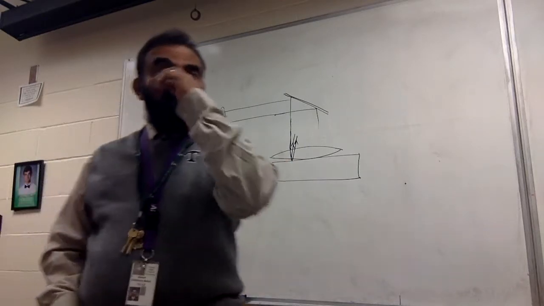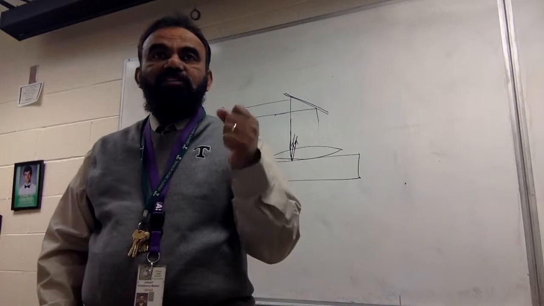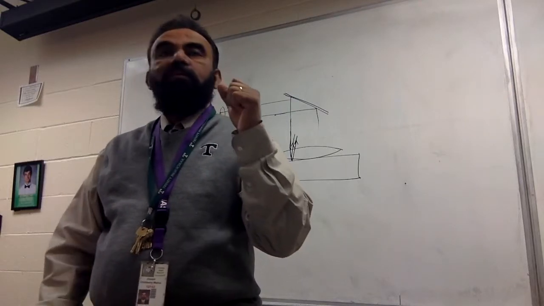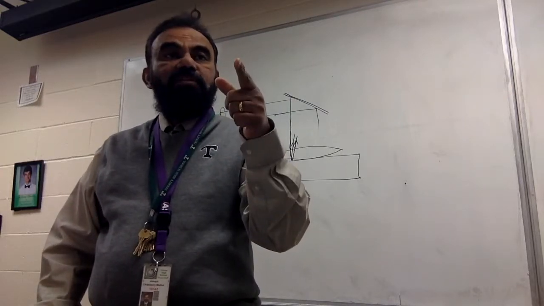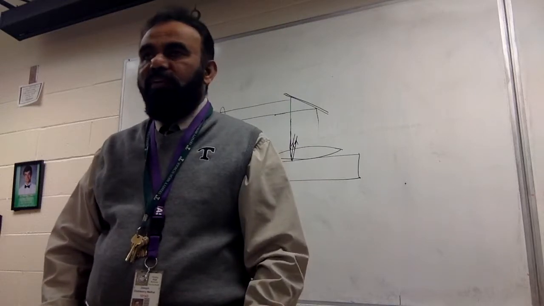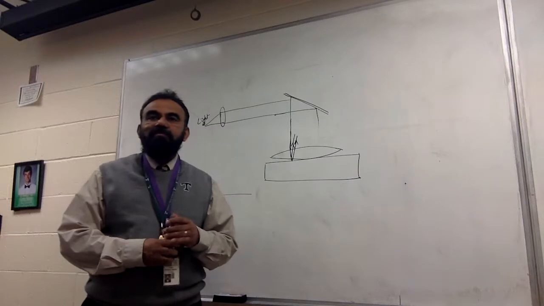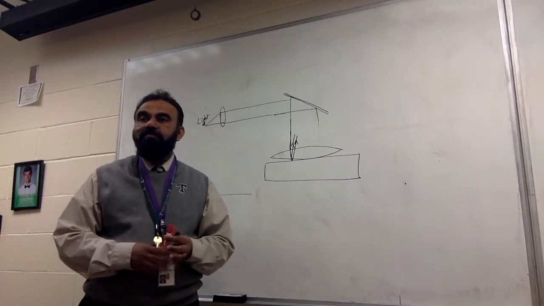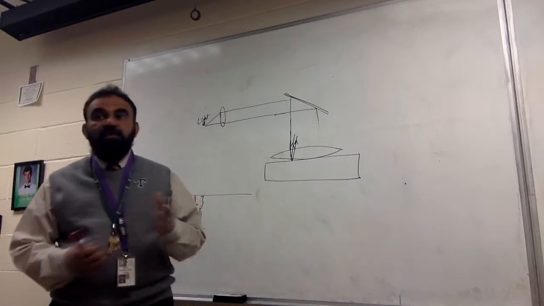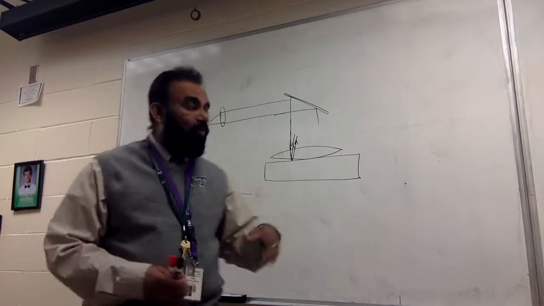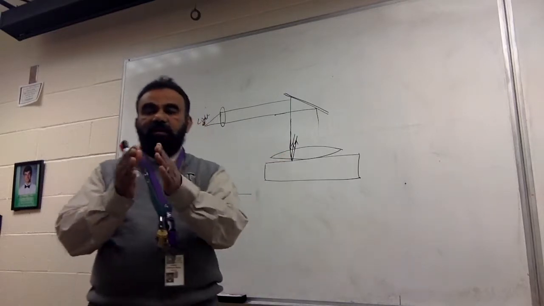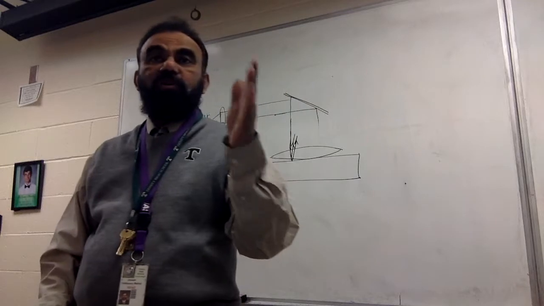Now, if that path difference satisfies the condition for destructive interference, what will happen to those 2 rays? They will interfere destructively. What if those 2 rays are matching up the condition for constructive interference?